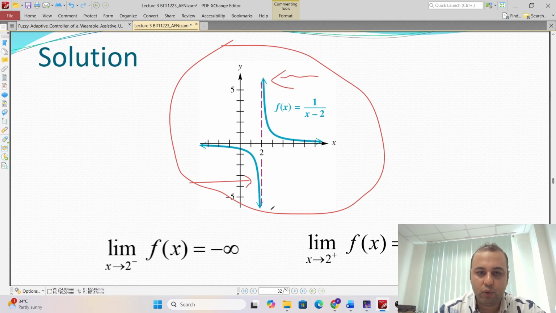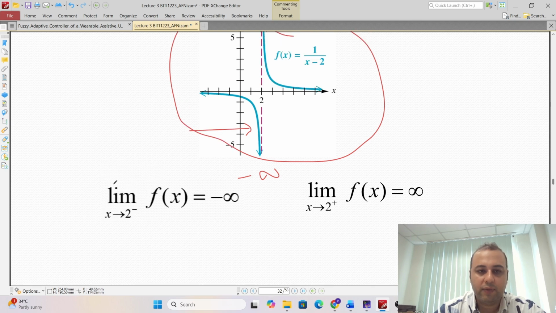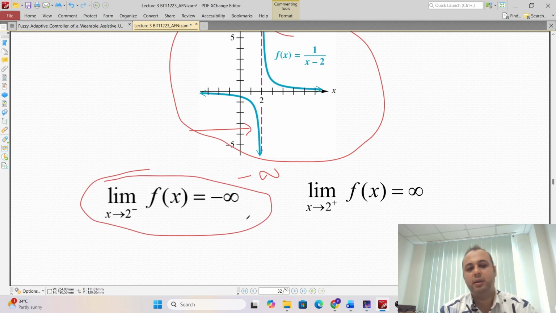But at 2, from the left it is going to minus infinity, but from the right side, y is going to plus infinity. So from the left side, the limit is minus infinity, and from the right side it is plus infinity.